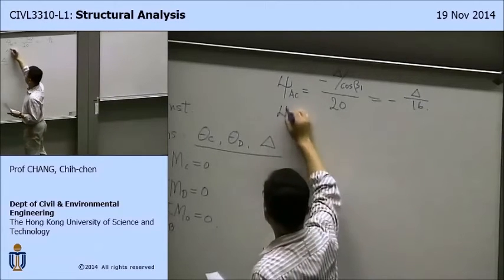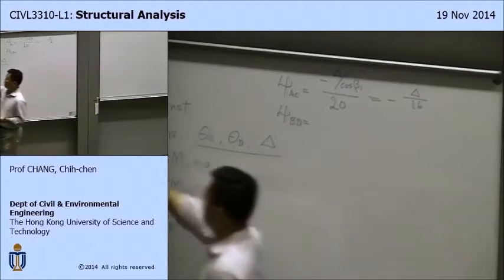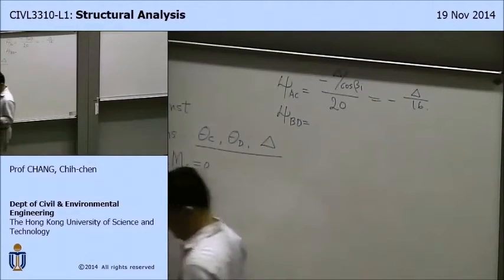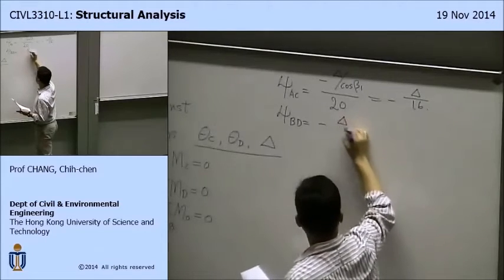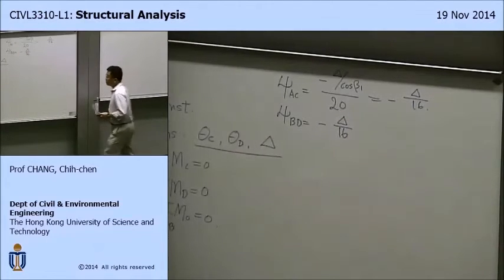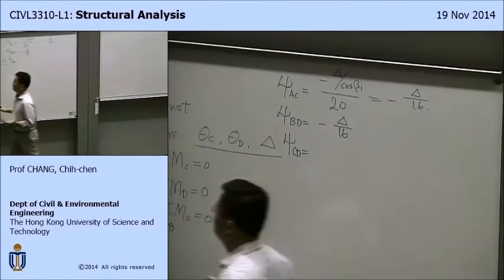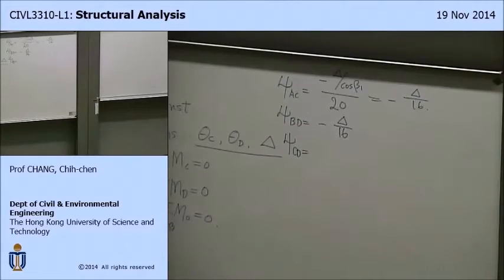So rigid body rotation angle for BD. BD is easy. It's just delta divided by length. Clockwise. And rigid body rotation angle for CD. So connecting two points.